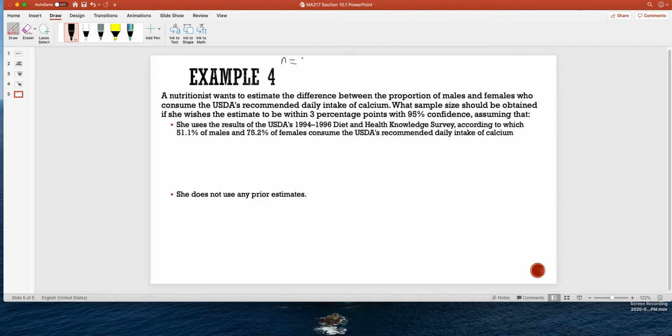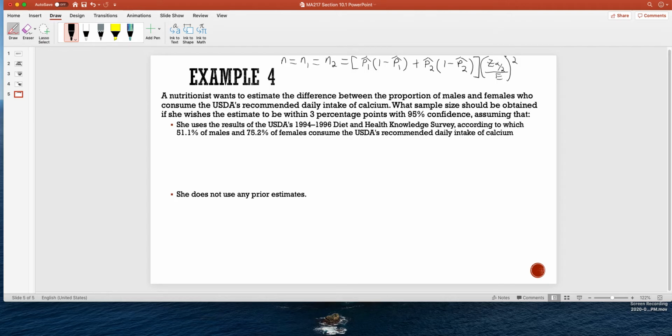So the formula for this is that the sample size of both samples is supposed to equal P1 hat times 1 minus P1 hat plus P2 hat times 1 minus P2 hat, that whole sum times the z-score sub alpha divided by 2, divided by the margin of error, and we're squaring that fraction.